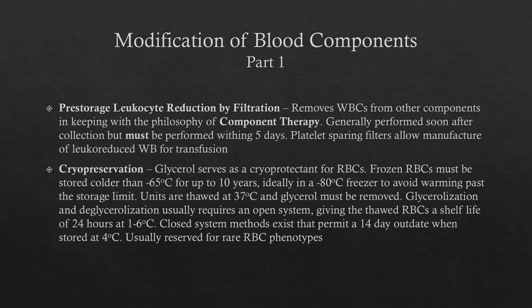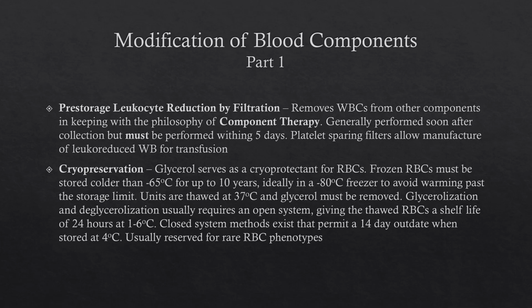Beyond the standard component manufacture, there are some other modifications that we will do to a blood component. Once they're separated and made into their individual components, certain situations require additional modification steps, and we'll go through those here. The first and the most common one is leukoreduction.